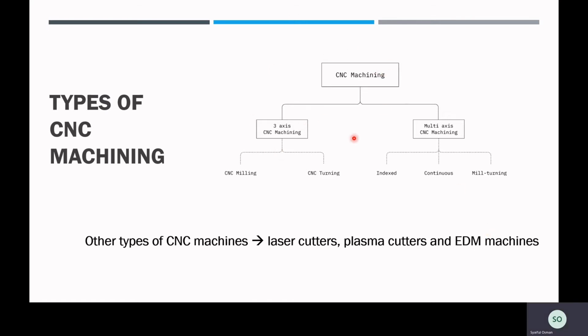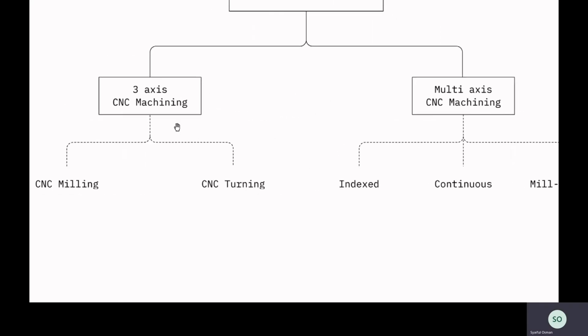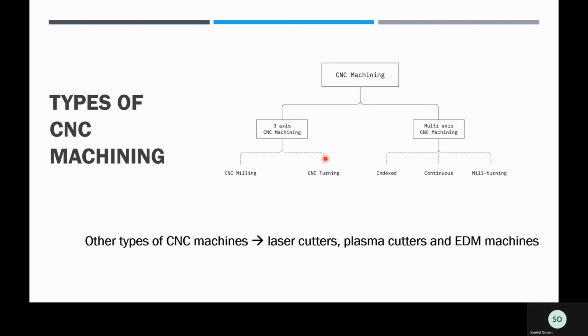So in the figure here, we have types of CNC machining. We have three-axis CNC machining and multi-axis CNC machining. CNC milling and CNC turning machines are examples of a three-axis CNC system.